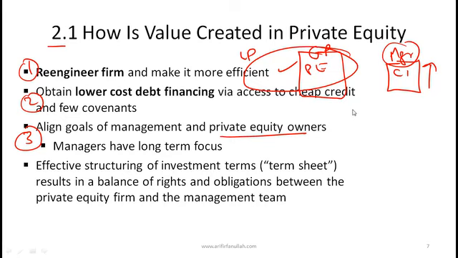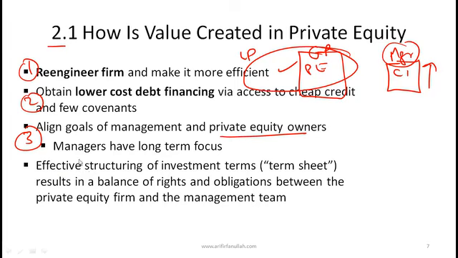So their immediate goal would be to maximize the earnings and revenue this year, but possibly at the expense of what happens in the future. In private equity, since you don't have stocks traded on the stock exchange, that short-term focus will probably not be there, and instead there'll be a longer-term focus, which is better for value creation.